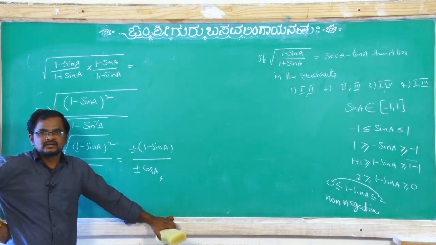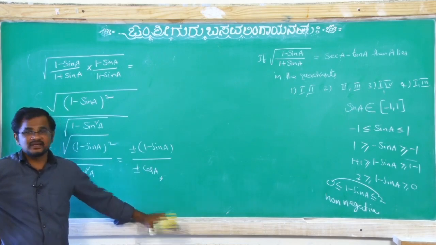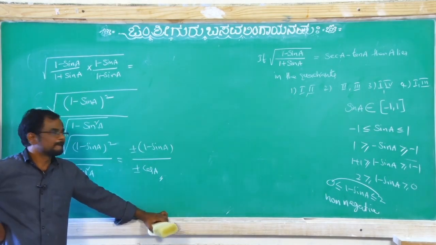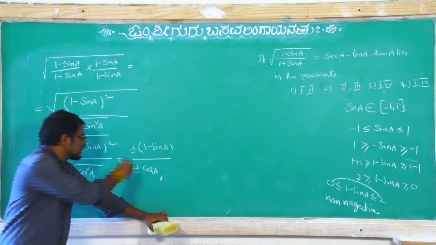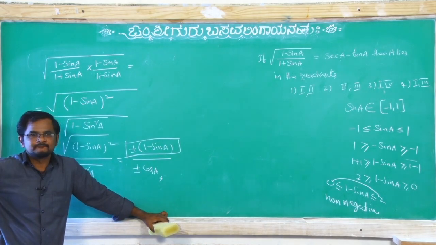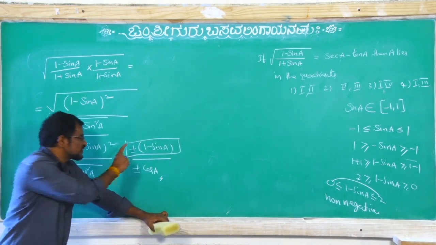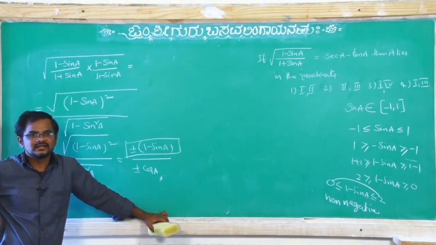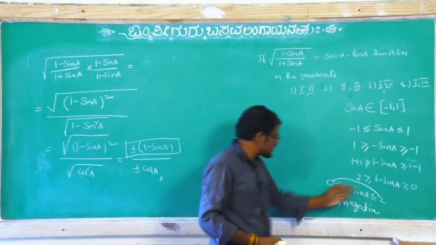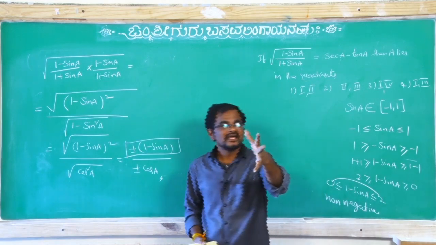Right? Don't cancel this one and this one. It may be negative here, positive here, negative. Anyway, now here, negative you have to take or positive you have to take? I am asking. There is no chance to get negative here. What is the reason? 1 minus sin A is between 0 and 2, there is no negative value.